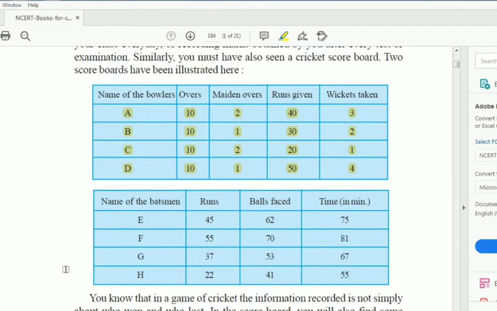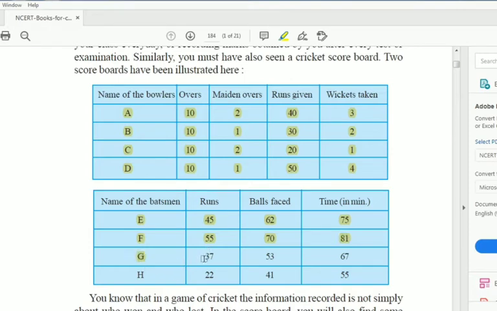So look at here, the names of the batsmen are here. Here are the runs, balls faced and time. E batsman makes 45 runs, he faced 62 balls and within 75 minutes he makes 45 runs. F batsman makes 55 runs, faced 70 balls and within 81 minutes he makes 55 runs.